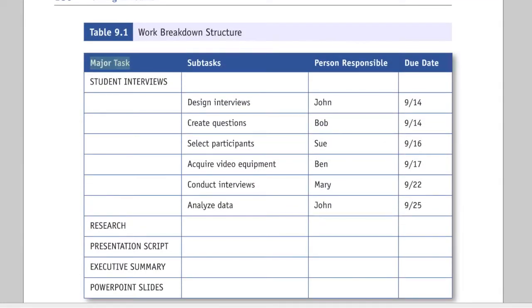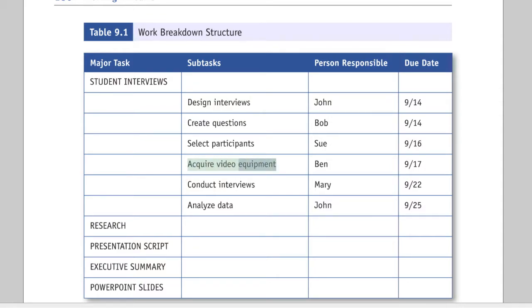Major task. Subtasks. Person responsible. Due date. Student interviews. Design interviews. John. 9/14. Create questions. Bob. 9/14. Select participants. Sue. 9/16.